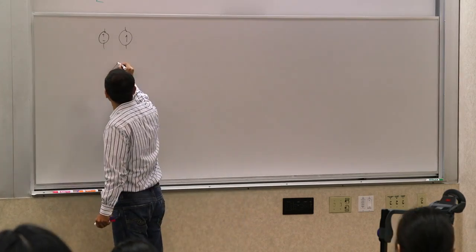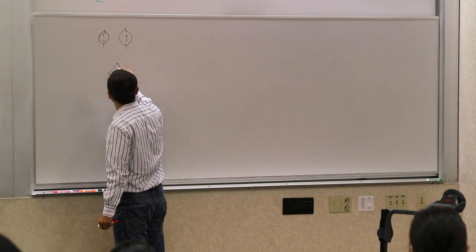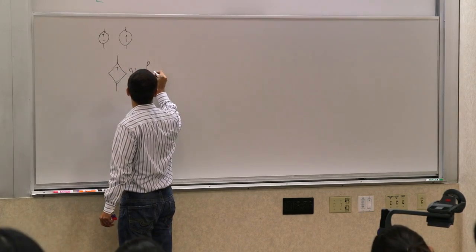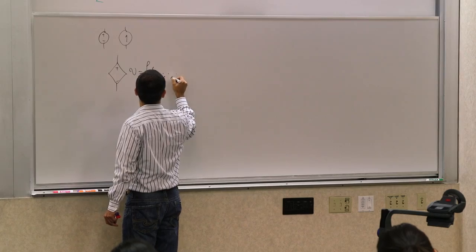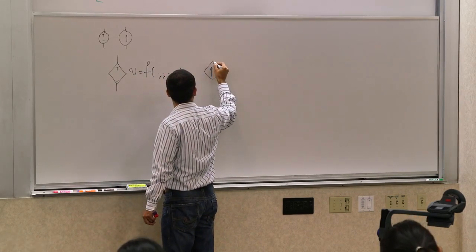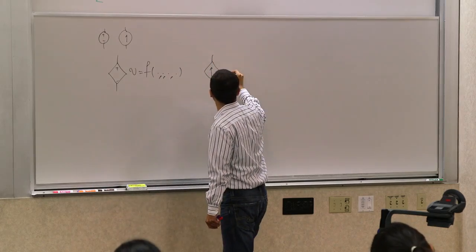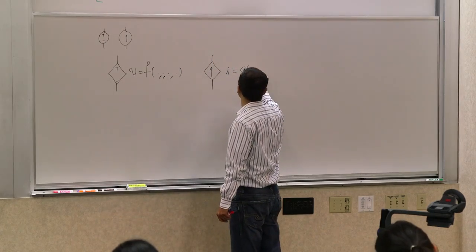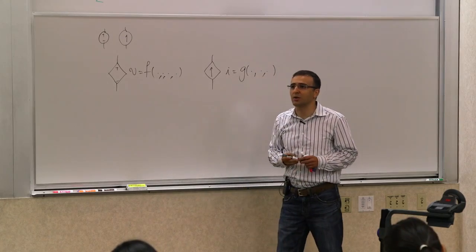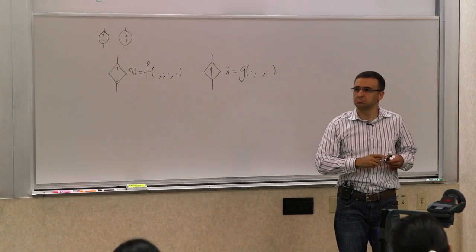So you can have a dependent voltage source, and we show them with these diamonds, essentially. So where the voltage is a function of some other voltages and currents in the circuit. Or it could be a dependent current source, shown like this, where the current is a function of some other parameter, some other voltages and currents in the circuit.